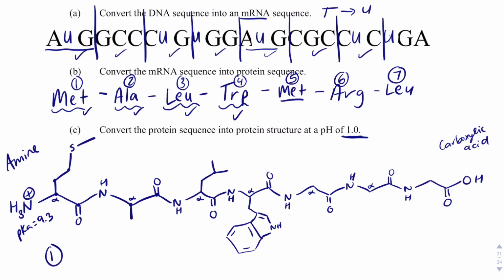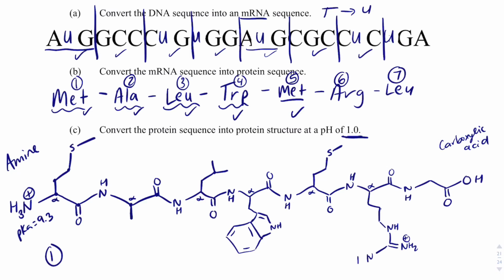Methionine, we already know what methionine looks like. 1, 2 carbons, then S, then another one. No side chain pKa, so methionine is good. Arginine. Arginine's another weird one. We have 3 carbons, so 1, 2, 3. And then we have an NH group. And then we have another carbon that's double bonded to an NH2 positive group.